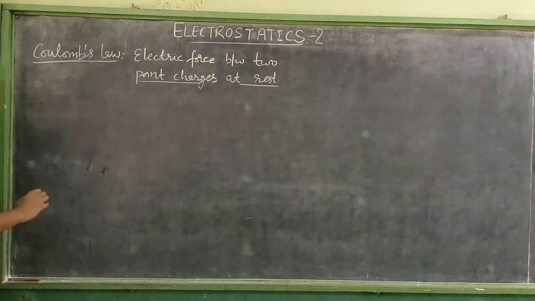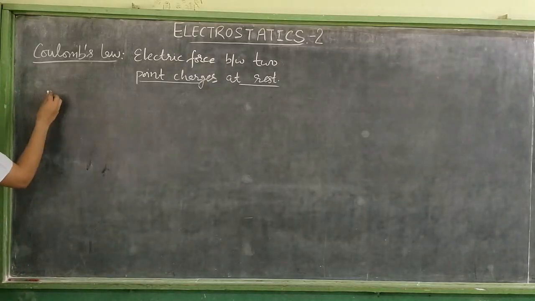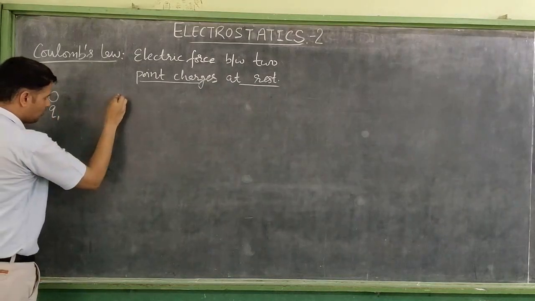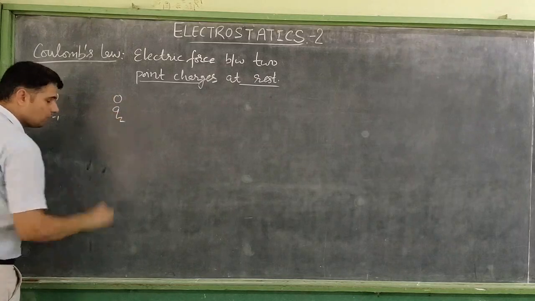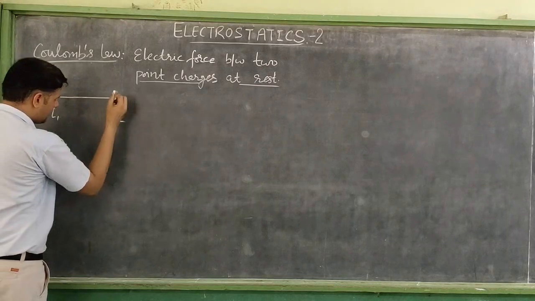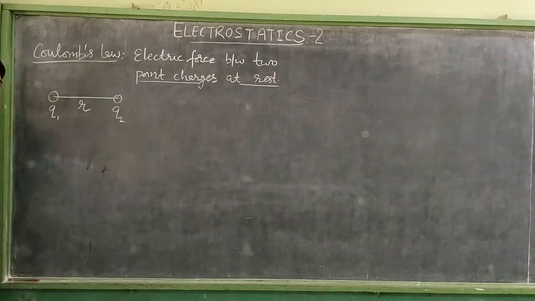As per Coulomb's law, how can we understand this? Let the first point charge be Q1 and the second point charge be Q2, separated by a separation of small r.